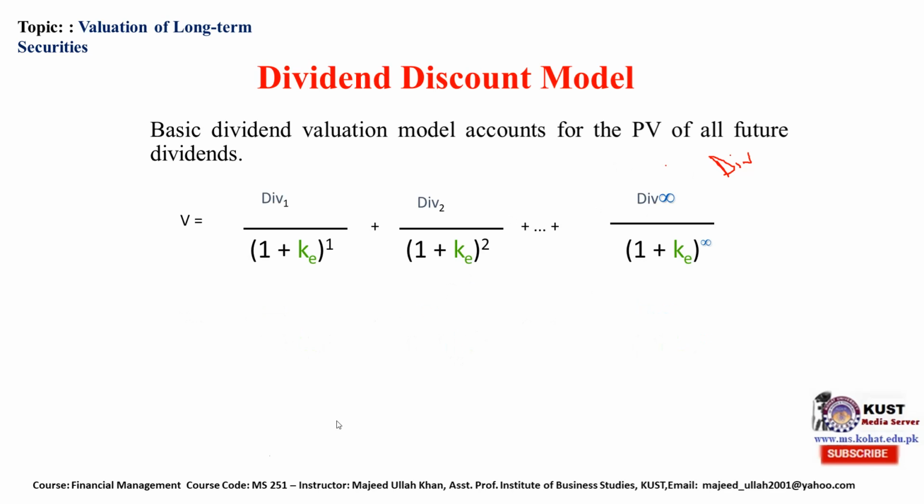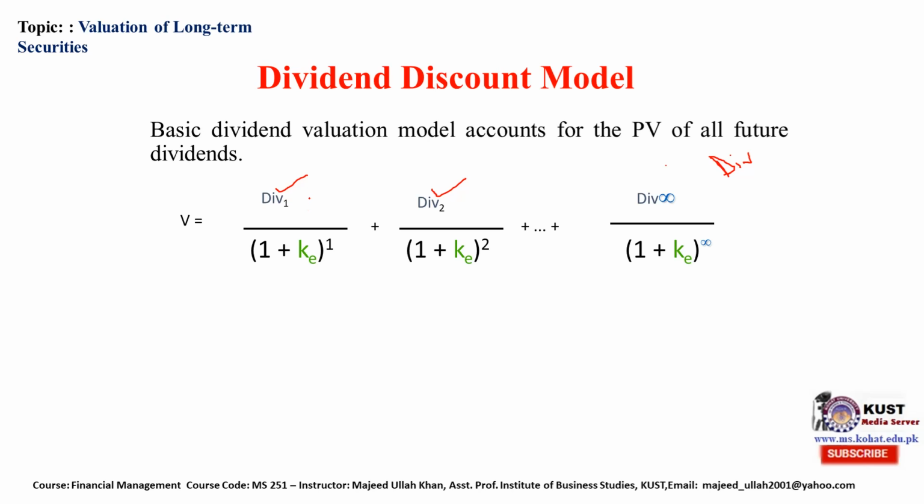when we discount all the future dividends to the present value at some discount rate. Let's just assume that you have a share of a company that gives you a dividend after 1 year, then after the second year, and then dividends till infinity, because we consider the company a going concern. What should be the value?